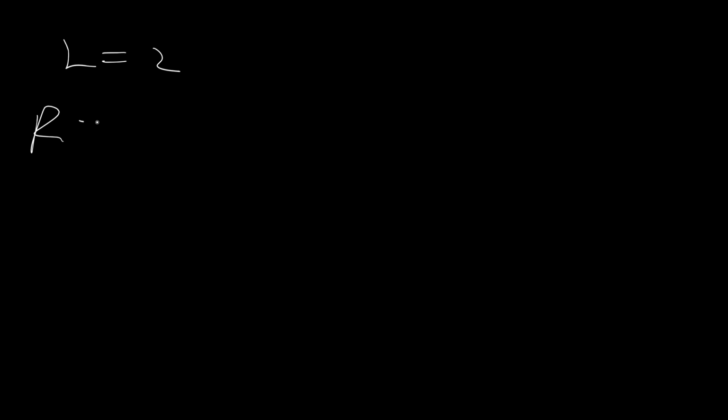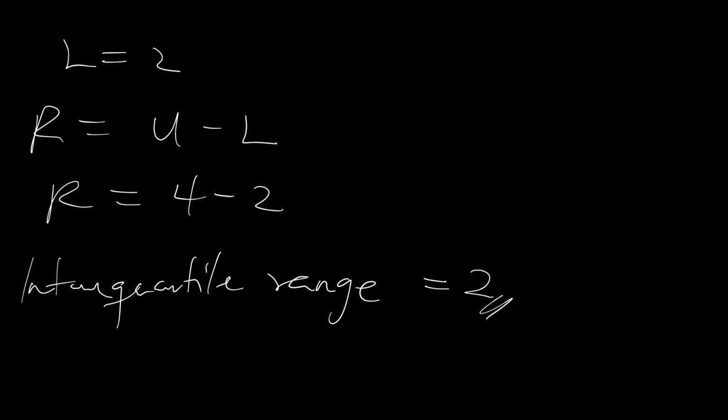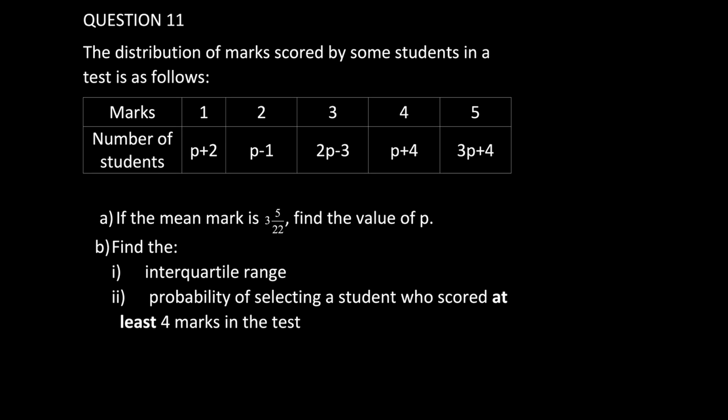Now our range will be U minus L. So R will be equal to 4 minus 2. So we can say that our interquartile range will be equal to 2. So that brings us to the end of question 11BI.